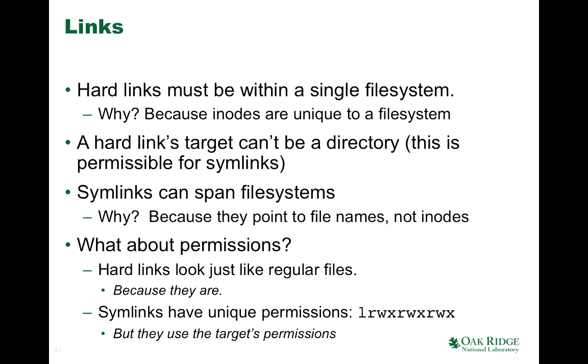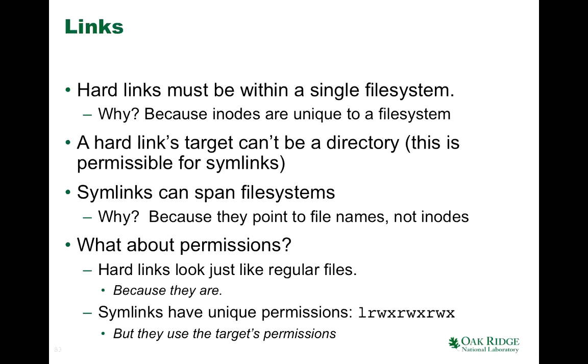The reason for that is these index nodes are unique to a file system. If we have some bunch of storage in one place and a large amount of storage in another place, both of those will have addresses, inodes, that start at 0 and go up to whatever the maximum number is. So the inode for any particular file only has meaning within a particular file system.